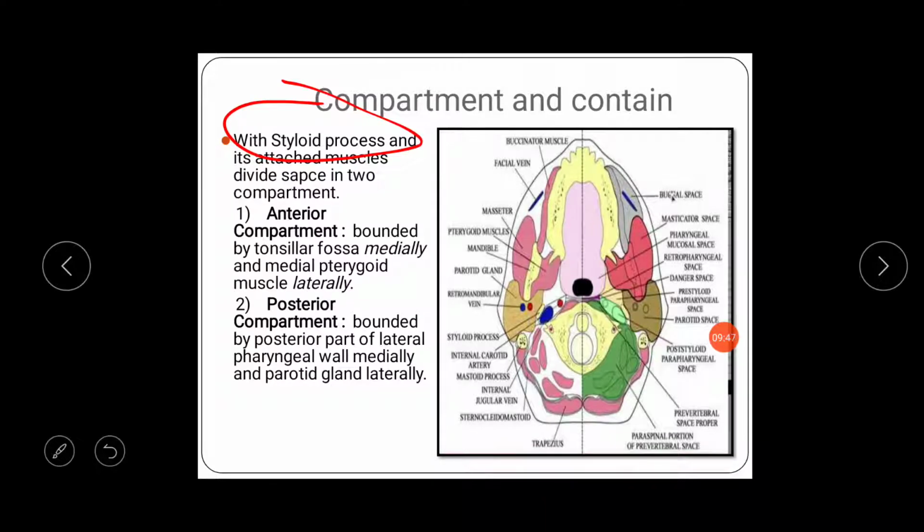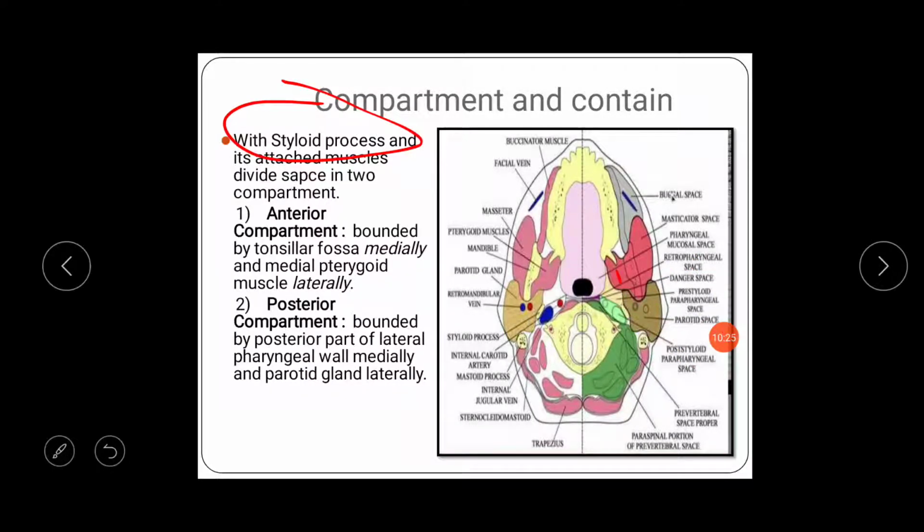Now this anterior compartment is bounded medially by the tonsillar fossa, and the medial pterygoid muscle is situated laterally here. So this is the pre-styloid compartment. This is the parotid gland, and the posterior compartment is bounded by the posterior part of the lateral pharyngeal wall medially here, and laterally by the parotid gland.